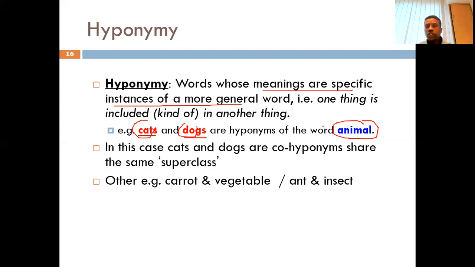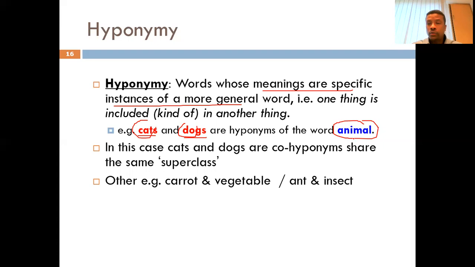So the relationship between these is that animal is a general class or a superclass, whereas cat and dog are a special class. So the idea in here is whatever cats and dogs do can be represented under the umbrella of animals.